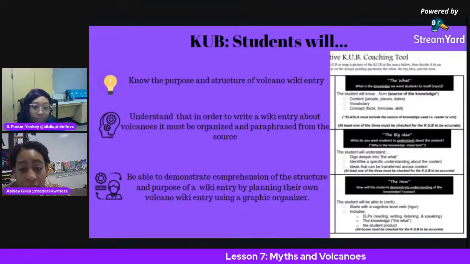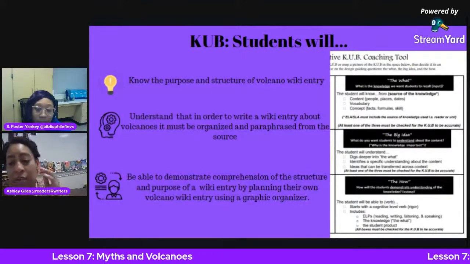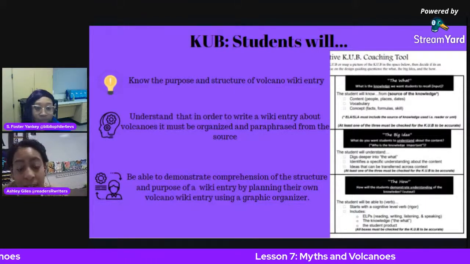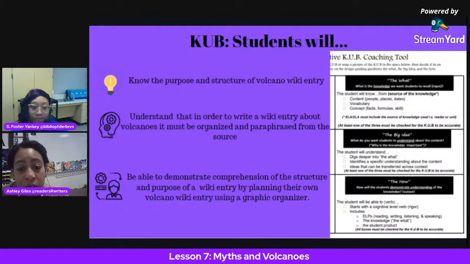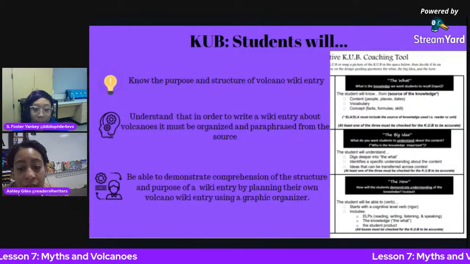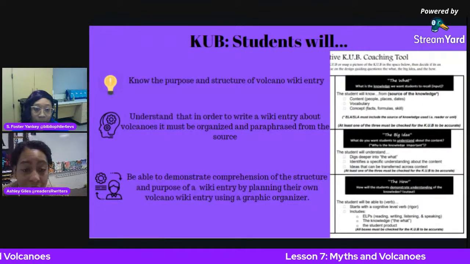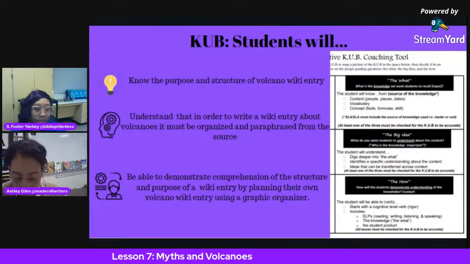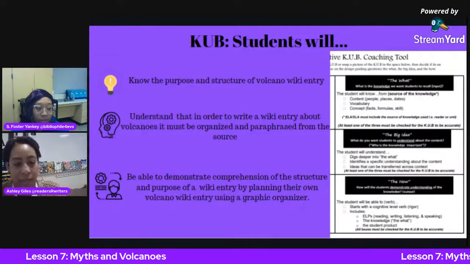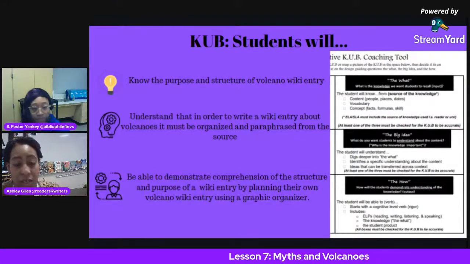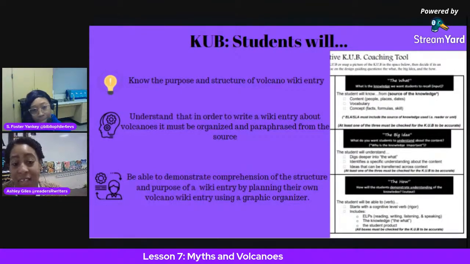Okay, so the student will understand that in order to write a wiki entry, because our guiding question says, why is a wiki entry important? Why do they need to know about this purpose and structure? So the student will understand that in order to write a wiki entry about volcanoes, it must be organized and paraphrased from the source. I added paraphrase because in this lesson, you have to teach them through their reading to take out the information using the checklist that's needed in the wiki entry and take these direct quotes.